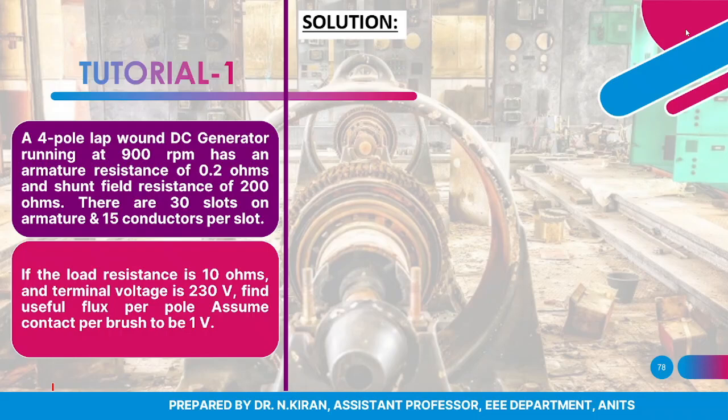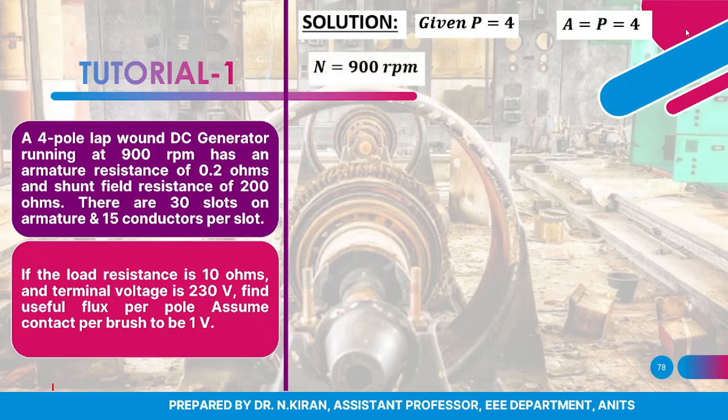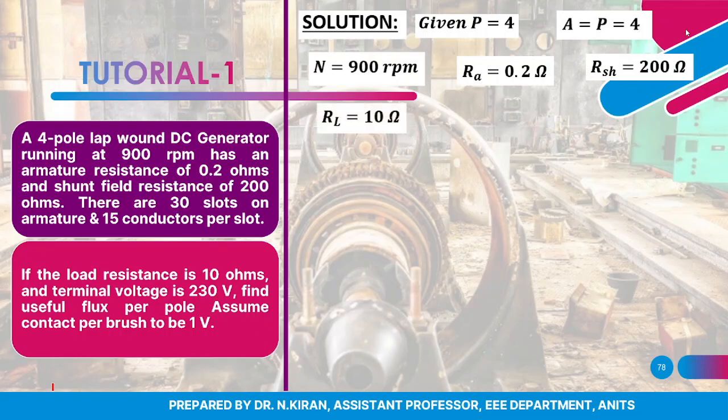So first we'll see the given data. Number of poles is equal to 4, so capital P is equal to 4. Since it is lap wound, A is equal to P is equal to 4. Speed is given as 900 rpm. Armature resistance is 0.2 ohms and shunt field resistance RSH is 200 ohms.